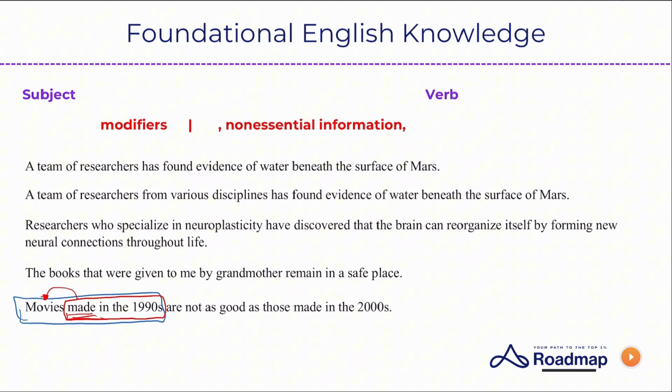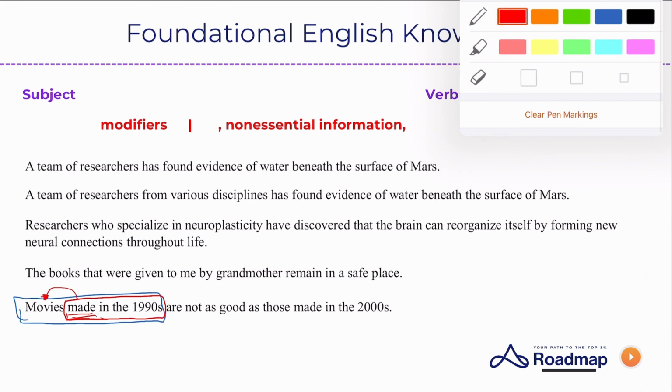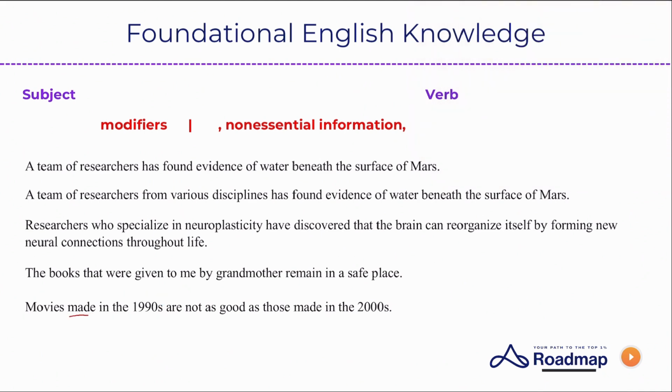Okay. So again, why is this important? Well, it's important because the main subject, the simple subject of the sentence, right, can never be found inside of modifiers. And if we're able to identify participle phrases as modifiers, we know that we can ignore, mentally erase, or mentally cross out the words inside that participle phrase. Right?